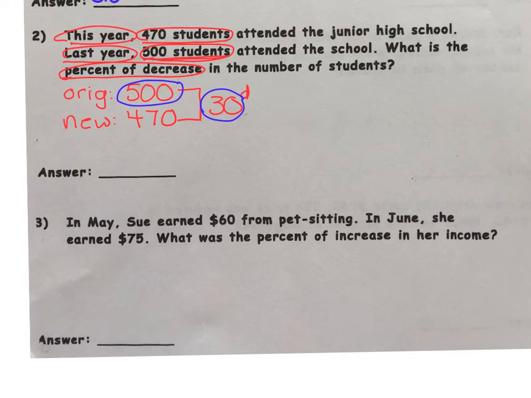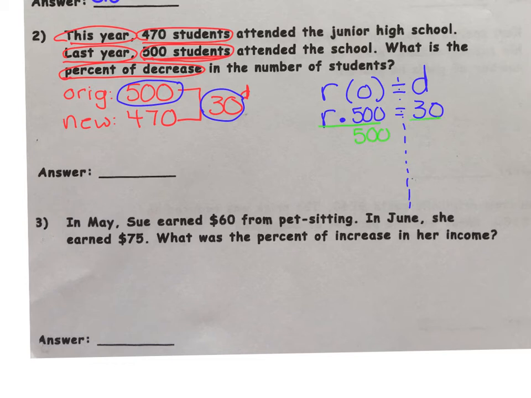We're going to use both of those values in our equation and measure the change. Rate times the original amount equals the difference. We're looking for the rate, so let's leave the variable in there, times 500 equals 30. Now drop a dotted line down your equation, and let's solve this equation. We're going to divide both sides by 500.